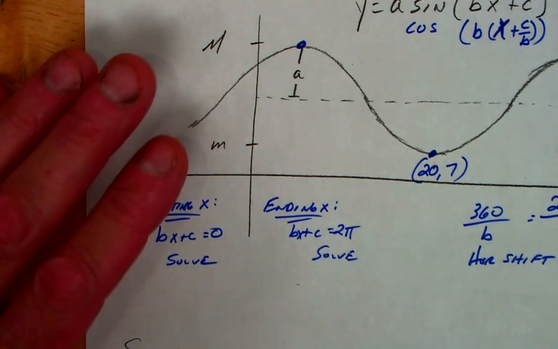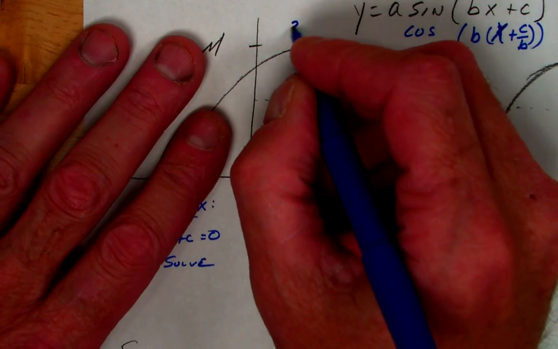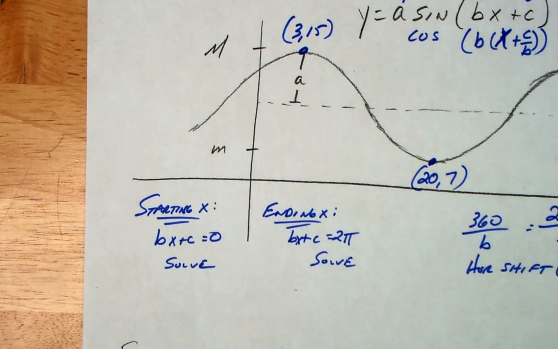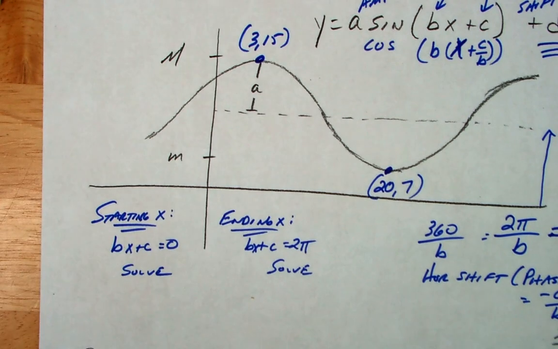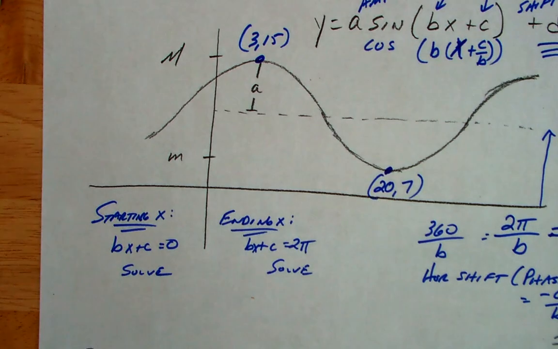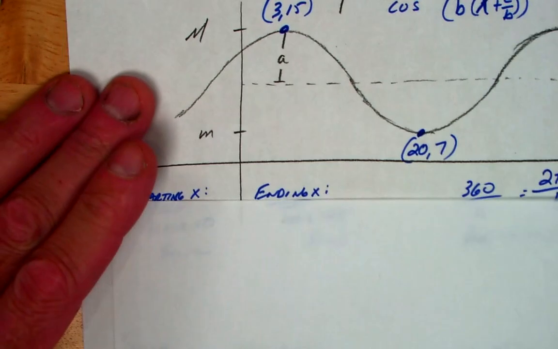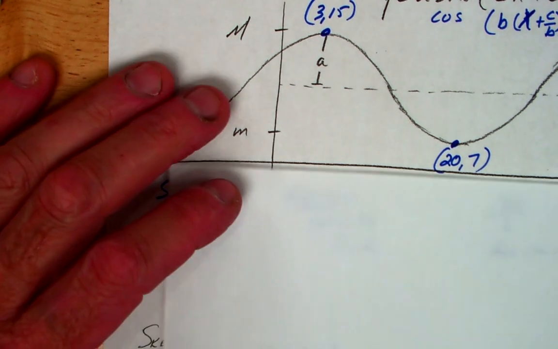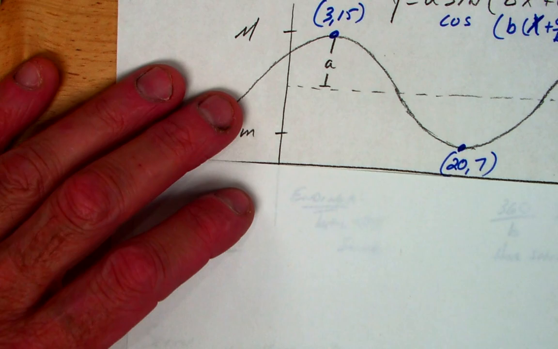This value here is 3, 15. I am going to pull out a blank piece of paper. I originally thought I'd leave some room here, but I neglected to do that. Okay, here we go.